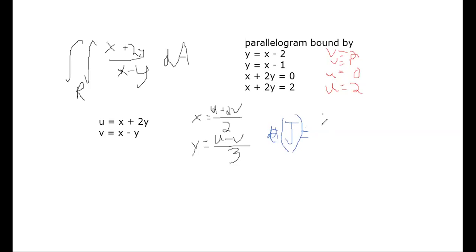We get a determinant of dx/du, which is 1/3, right? The v just goes away. dx/dv is 2/3. dy/du is 1/3. And dy/dv is negative 1/3. So here we get negative 1/9 minus 2/9, which is negative 1/3.